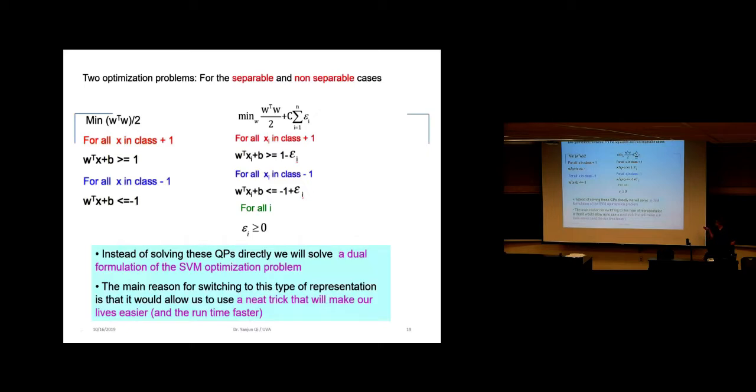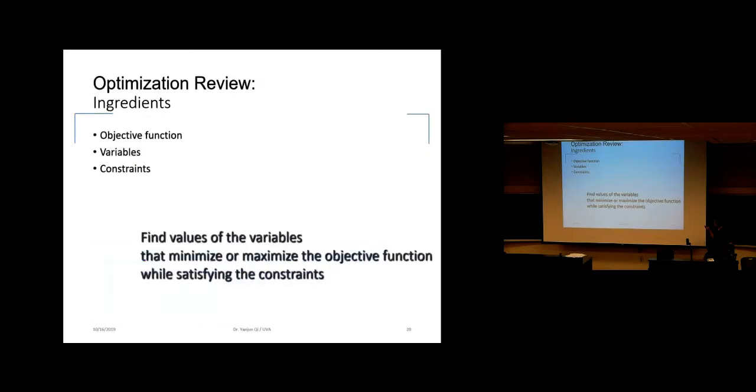This is the summary of the two cases. To proceed, I have to teach you a little bit of the basics about constraint optimization. When you think about optimization, you need to consider what the objective function is, what the variables are that I'm looking for to optimize the objective function, and at the same time what constraints I have to satisfy.